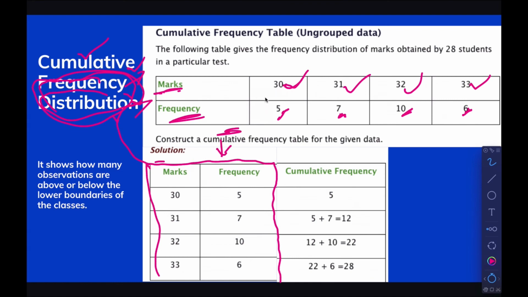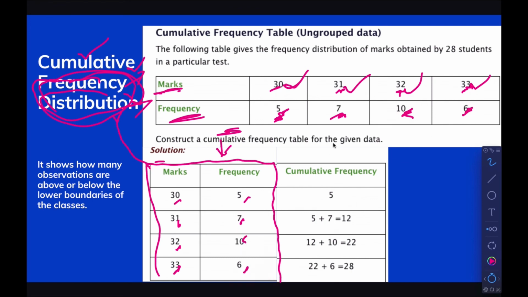You can see your 30, 31, 32, and 33. The frequency is also the same: 5, 7, 10, and 6.